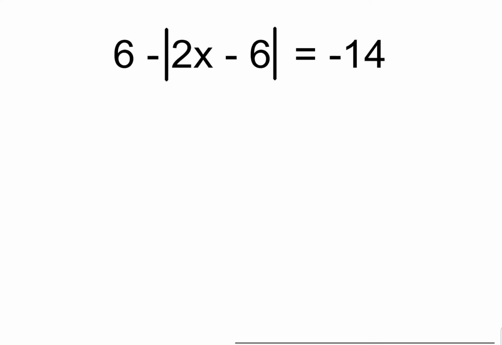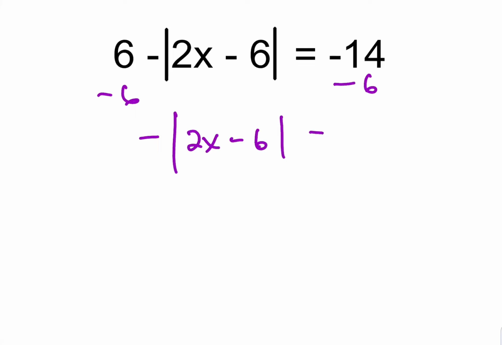Last one here, try this on your own first. Pause the video, see if you can get it. So I'll solve it here myself. I'm going to subtract 6 from both sides. We get negative 2 times the absolute value of 2x minus 6 equals negative 20.